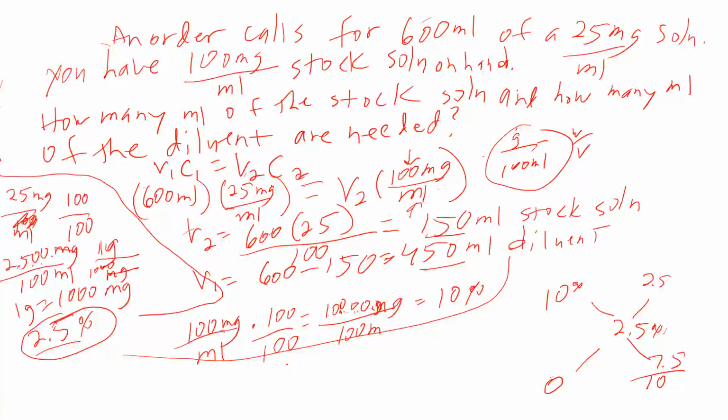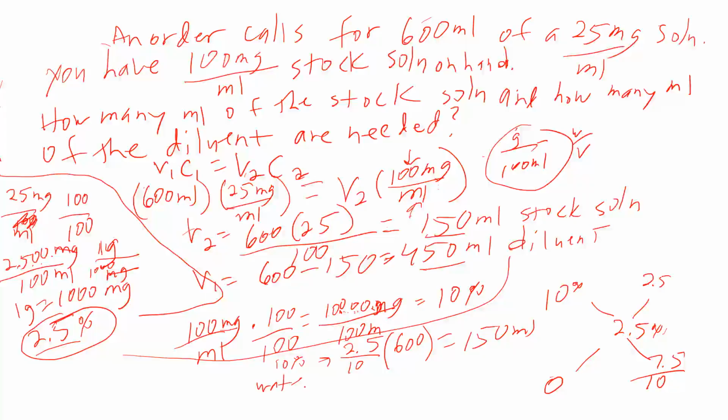So if I wanted to find out how much of the 10% there is, I say 2.5 divided by 10 times 600. It gives us 150 mils.